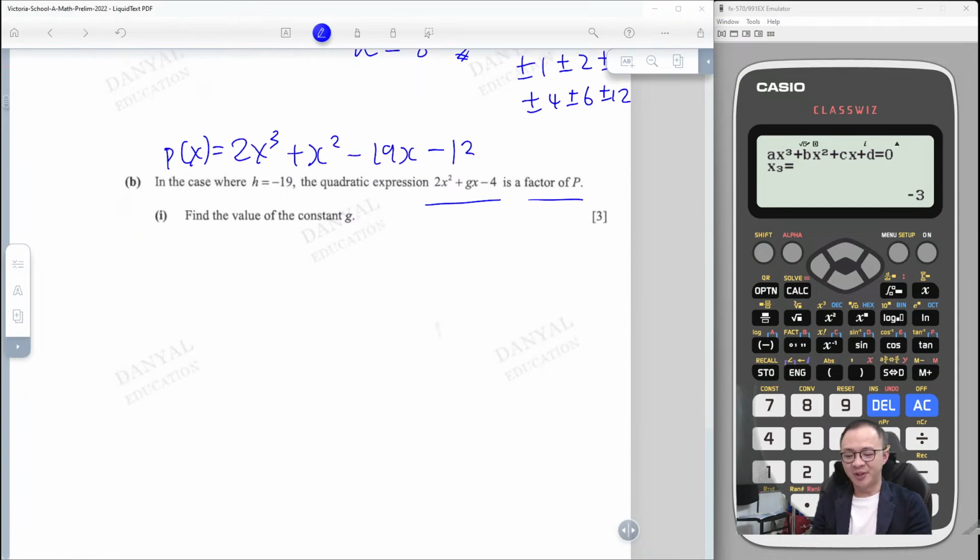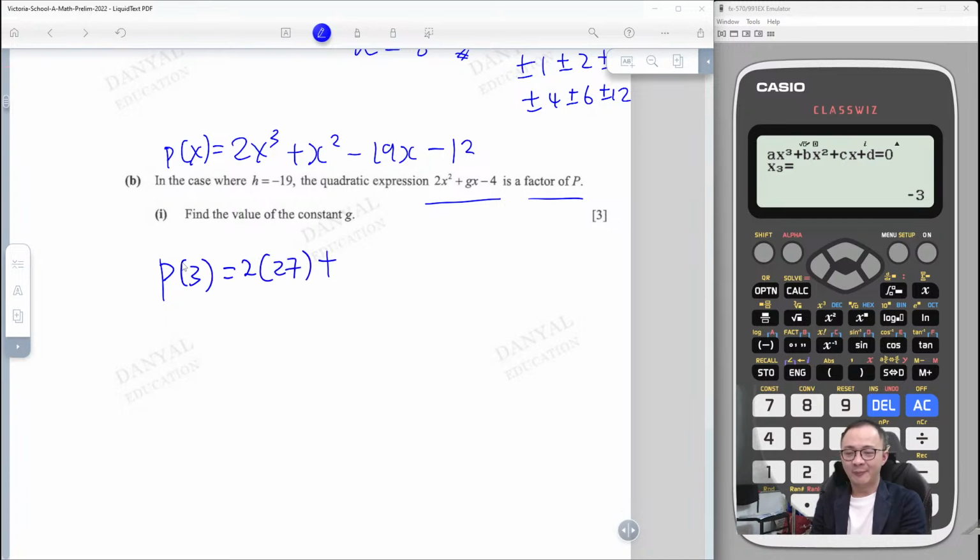So from here, I will just substitute the -3 into here, which is 2 times -27, plus 9, minus 19 times -3, minus 12. Sorry, it's -3, right? This is negative, this is positive 9, this is negative, this is 12.